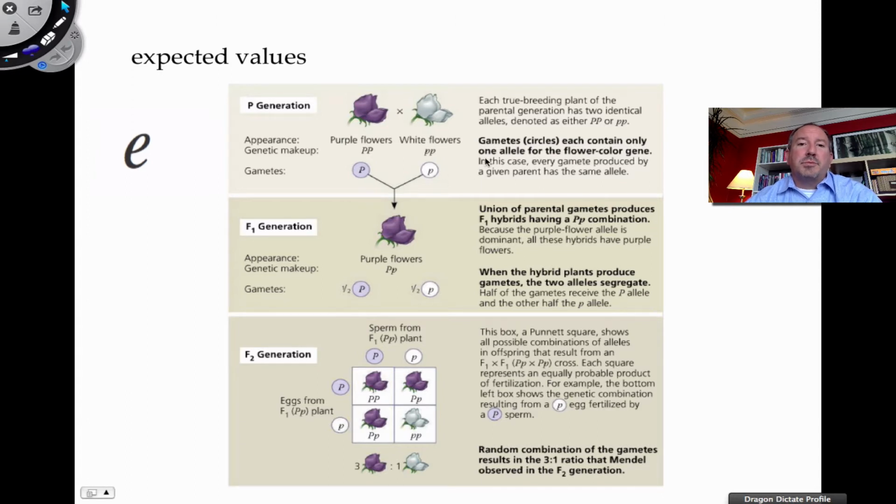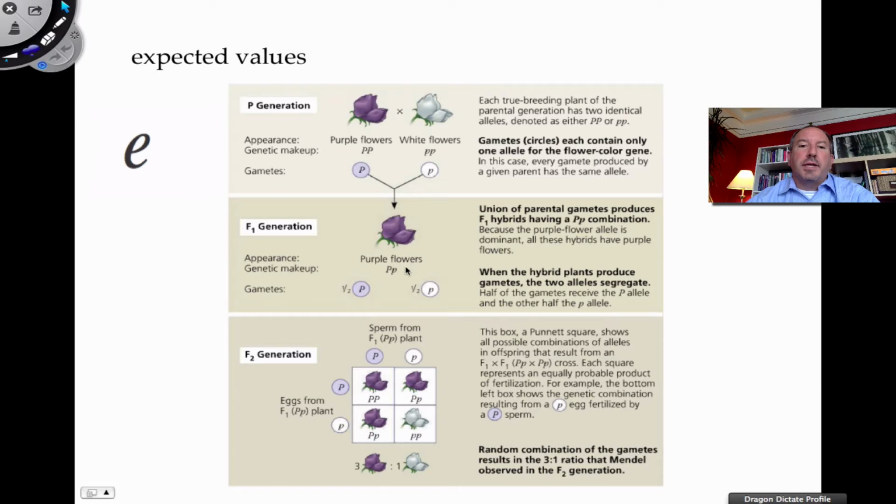If you were doing a cross between pea plants and you were considering a trait such as flower color, and, sorry for the quick explanation, you're dealing with homozygous individuals, like homozygous dominant purple and homozygous recessive white, if you cross those two, you would get heterozygous plants, 100% of them as the expected value, because the capital P allele is dominant over the recessive little p. All of the individuals are heterozygous, big P, little p, because there are always two alleles for this particular trait.